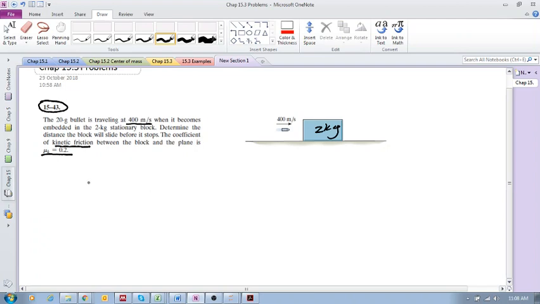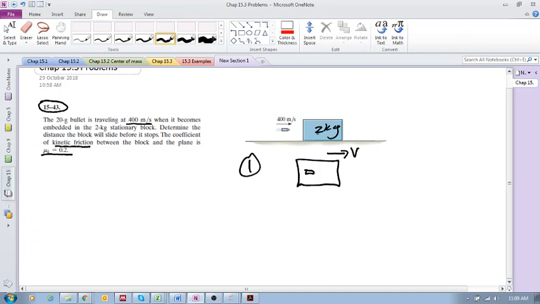Okay, so let's just analyze what is happening. The first thing is the bullet and the block are separate, and the bullet hits the block and becomes embedded. Then they immediately start moving with a velocity.